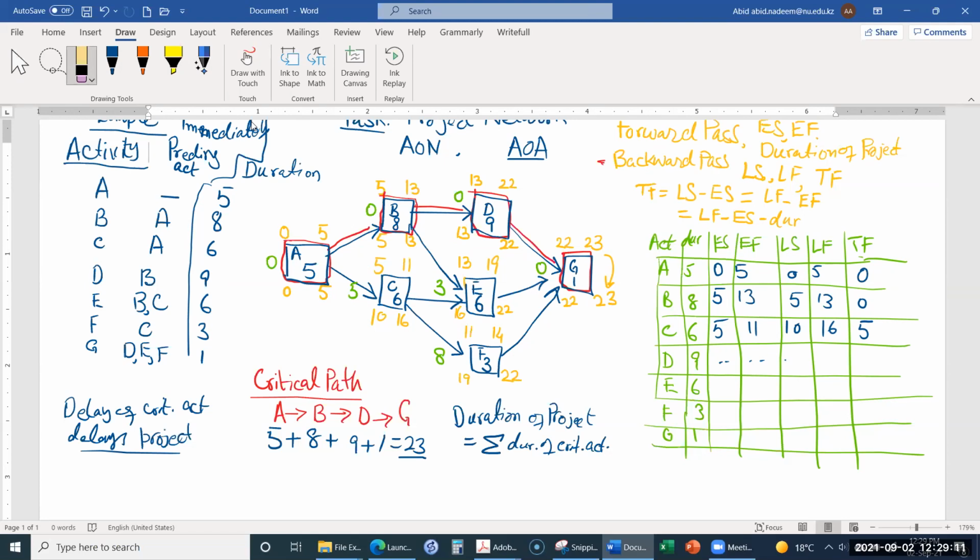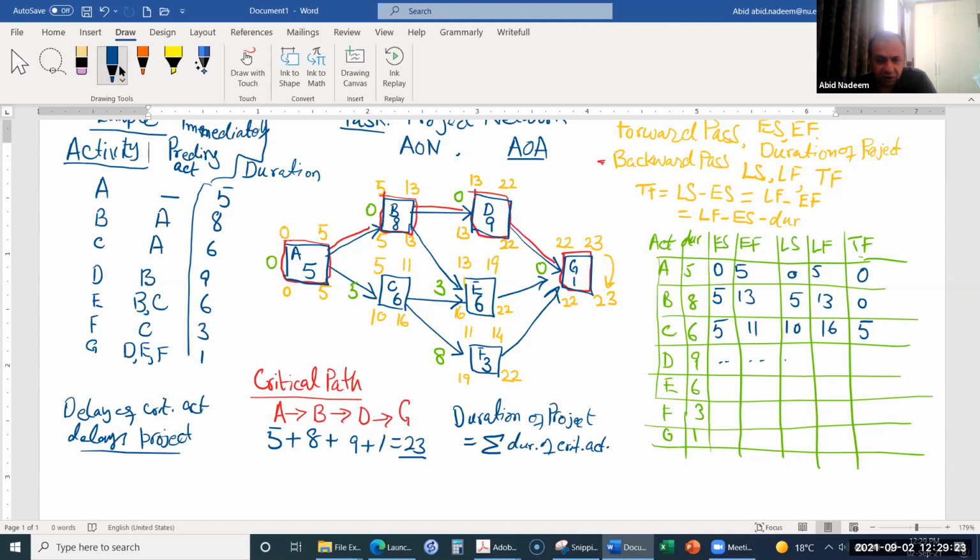Yes, it will. For a non-critical activity, for example, this activity E can become a critical activity.